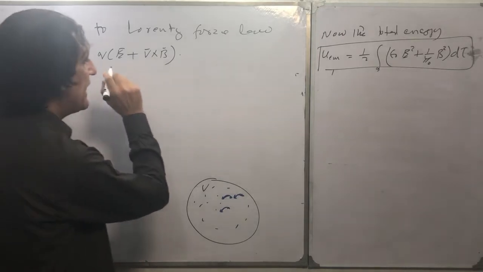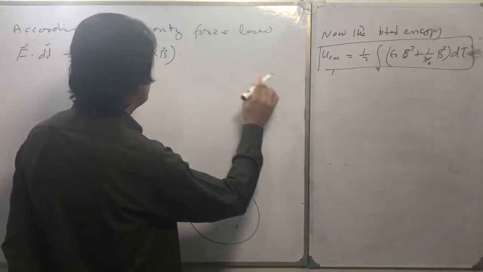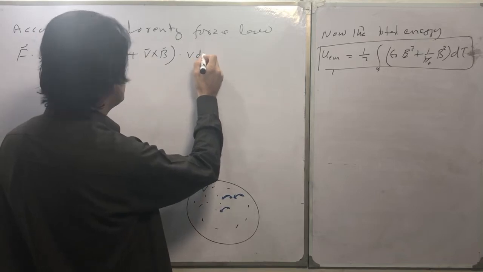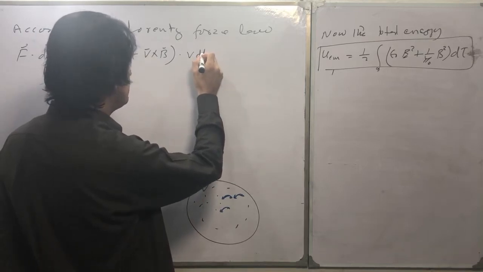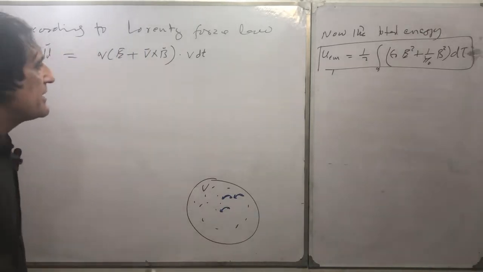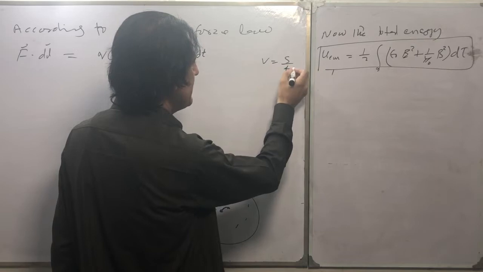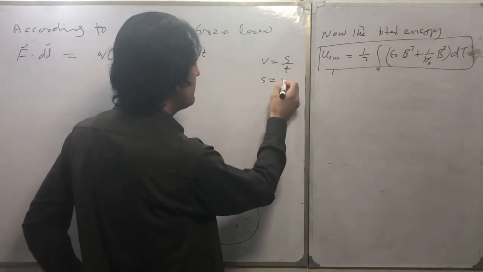We can write dl as v dt, because v is equal to s divided by t and s is equal to vt.